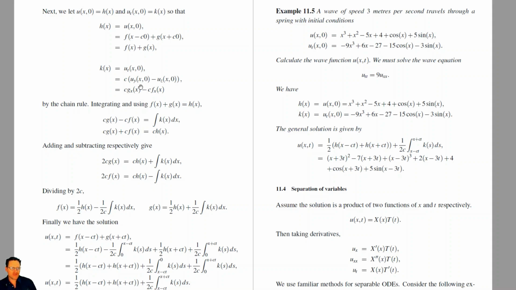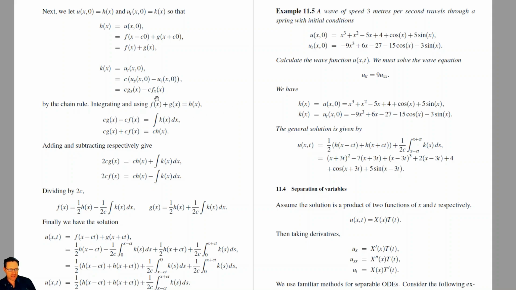So what we have then is g subscript x for u subscript y, and u subscript z is f subscript x. Okay, so this is c times g subscript x minus c times f subscript x. Now, we get that via the chain rule.